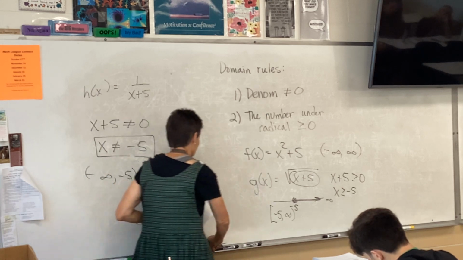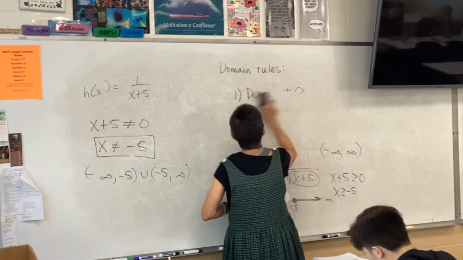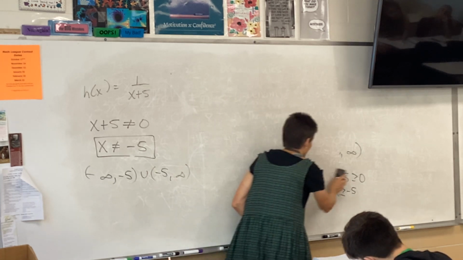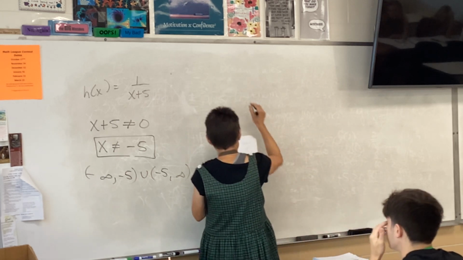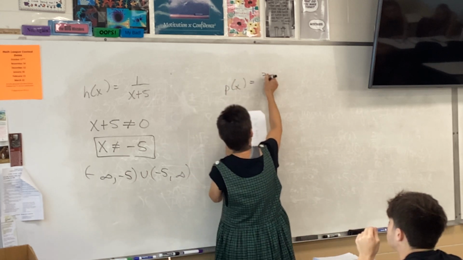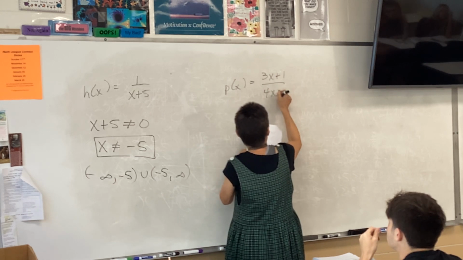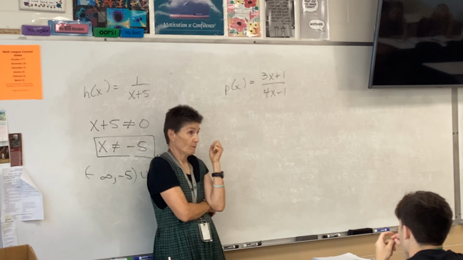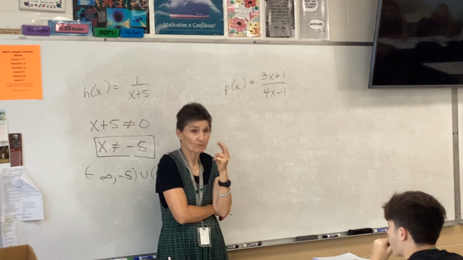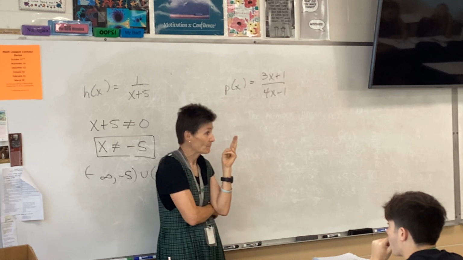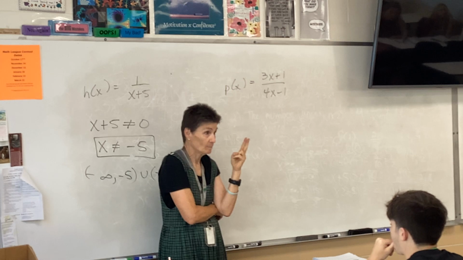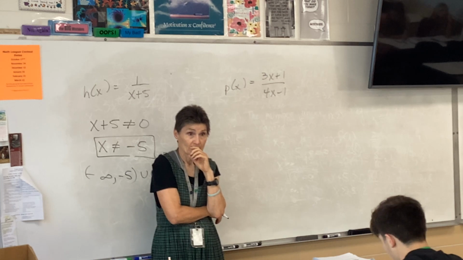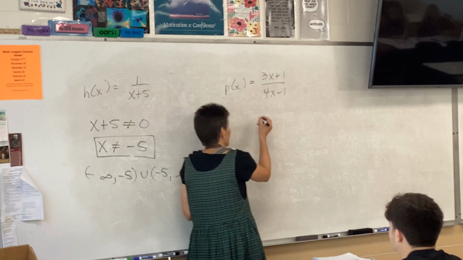All right, D. What do you think about D? I didn't mean to, but I just erased my rules. Okay, what are my 2 domain rules? Every time the question says something about domain, I have to think about 2 things. Denominator and radical. I don't have to think about radicals here because I have no radical, but I do have a denominator. So what do I have to worry about with the denominator?